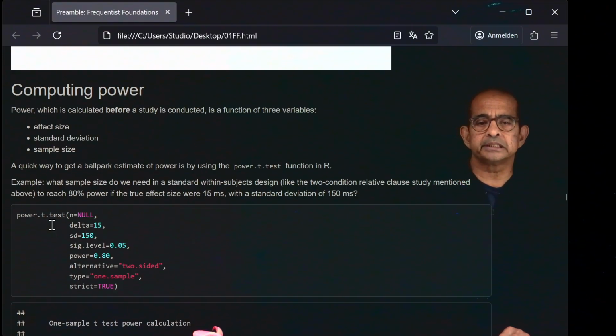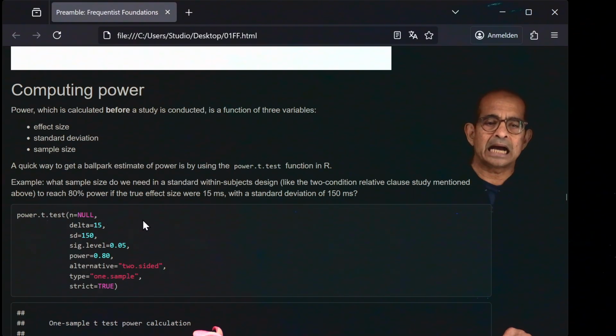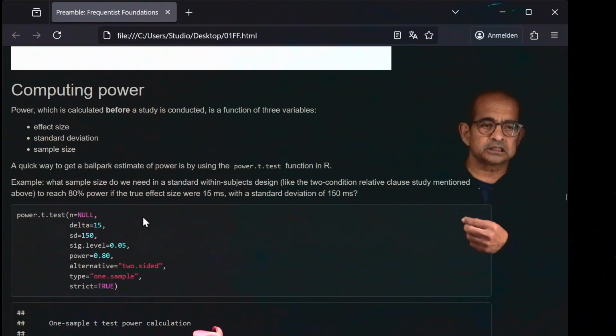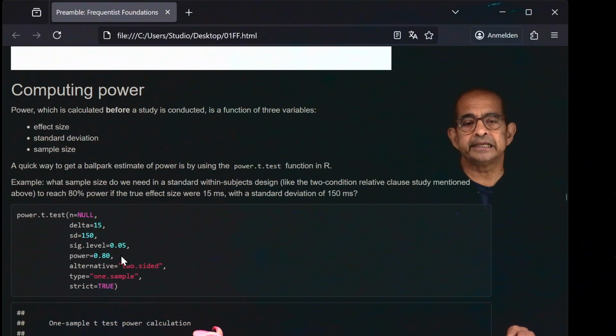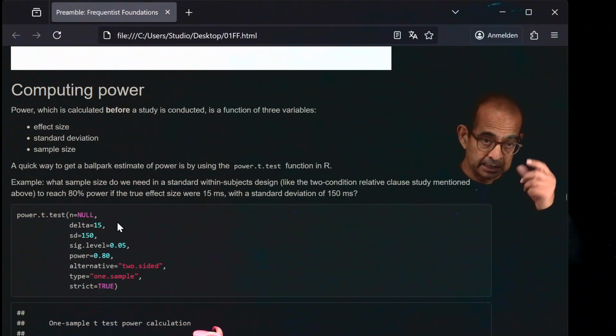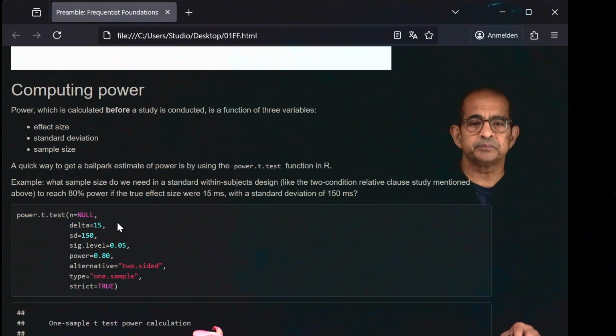What we are doing here is that I've set n equal to null, and that's because I want to ask the function what sample size I would need in order to obtain 80% power. Okay? So I've specified some parameters. I've specified my parameter for the effect size, let's say in milliseconds, 15 milliseconds.